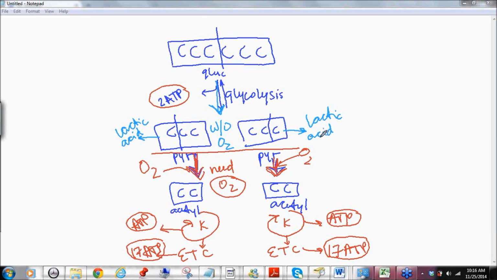The next day, the lactic acid is going to get removed from your muscles and sent to the bloodstream. Then the lactic acid will get turned back into glucose, which will take the same ATPs that you produced before.